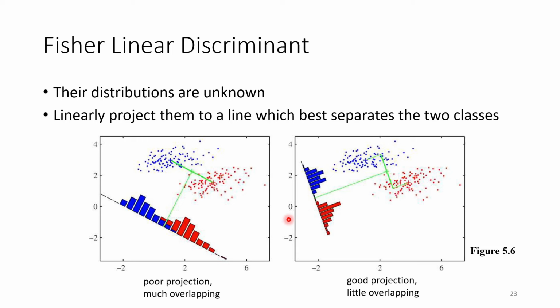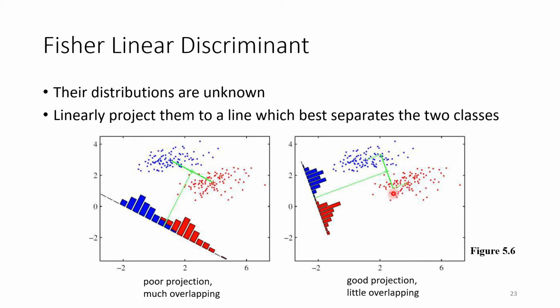So this projection from high dimensional space to a single line will be easier for us to separate the two groups of training points. So this is what Fisher linear discriminant wants.